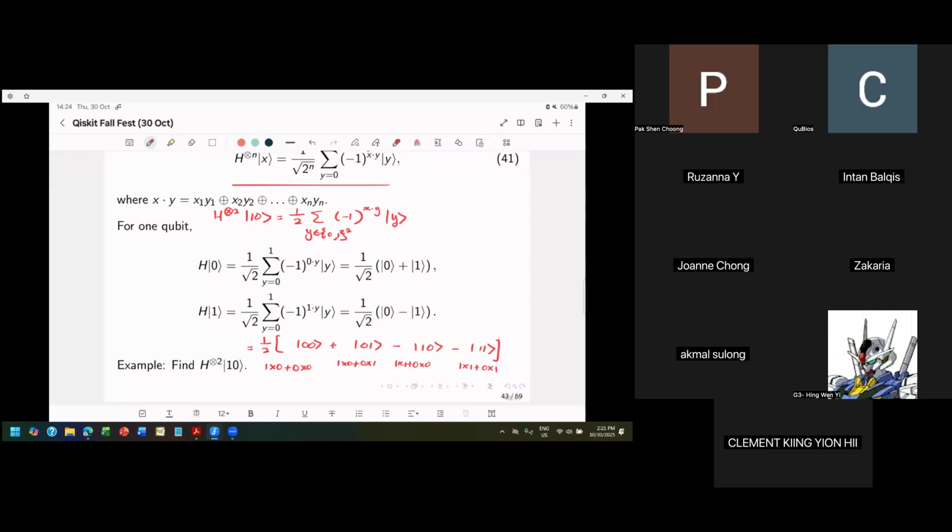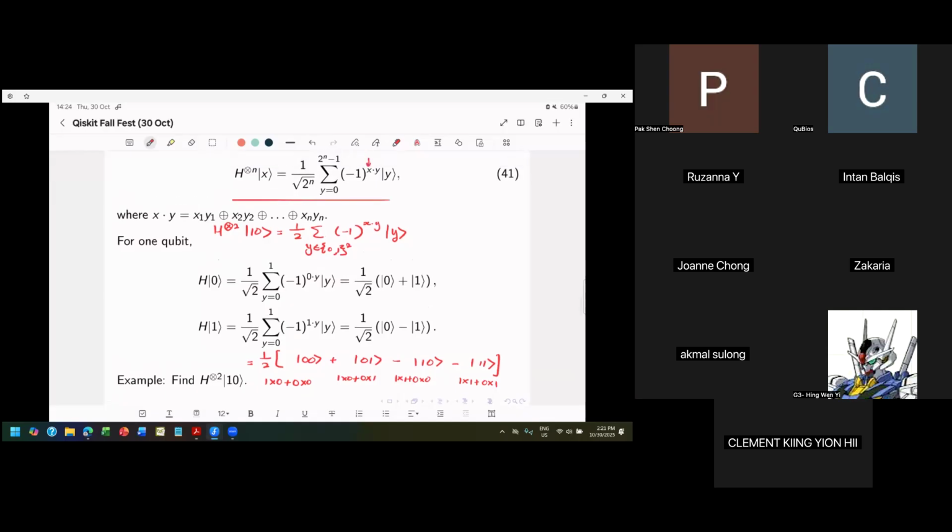Then x times y will be 1, right? If you follow this equation, because x is basically 1, 0.